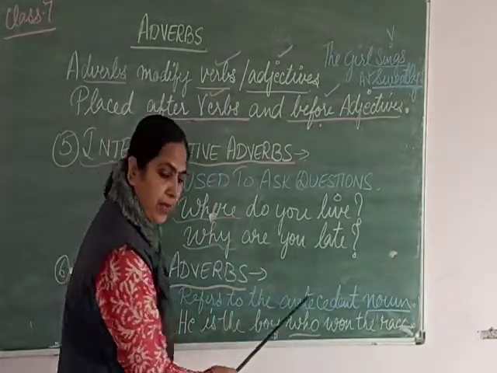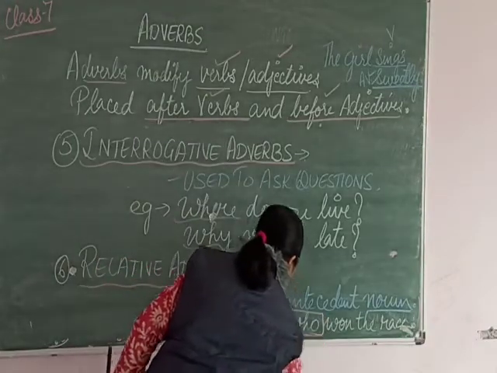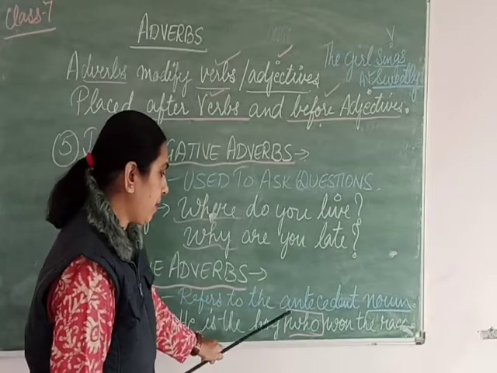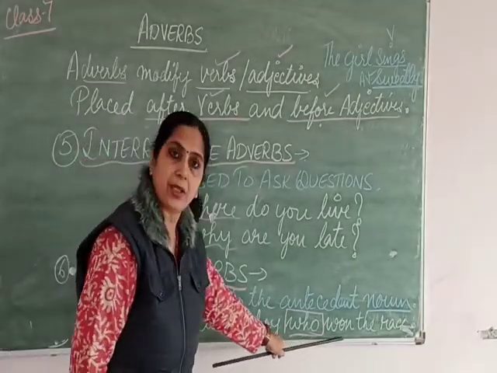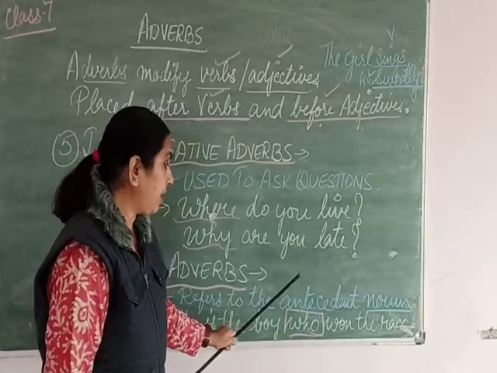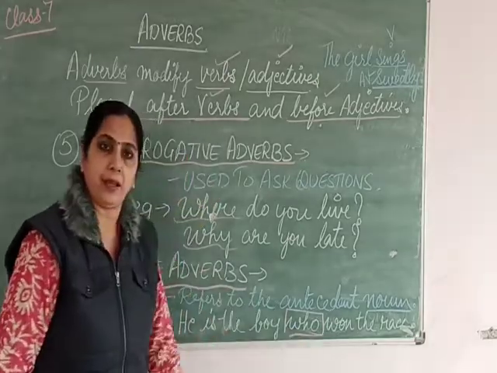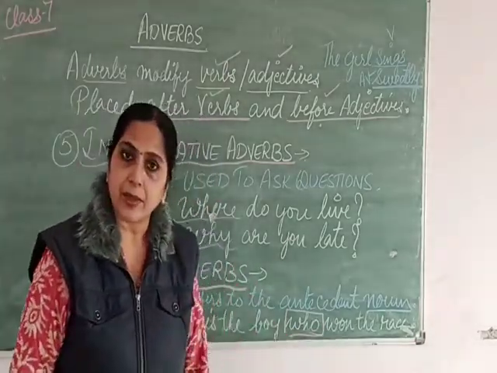Look at the word who. It connects the noun, which in the sentence is boy, and the action, that is the verb. So it brings about a connection between the noun and the verb in a sentence. He is the boy who won the race.